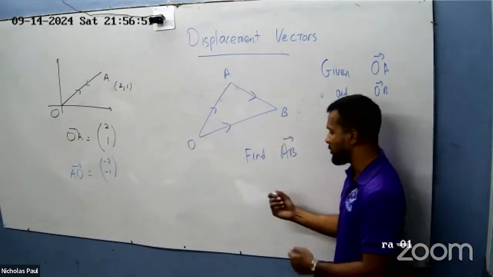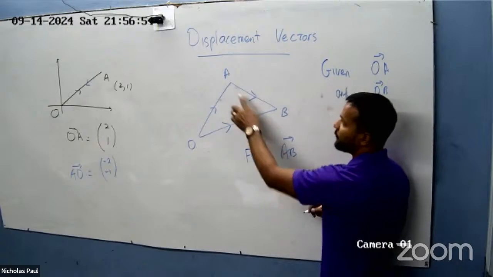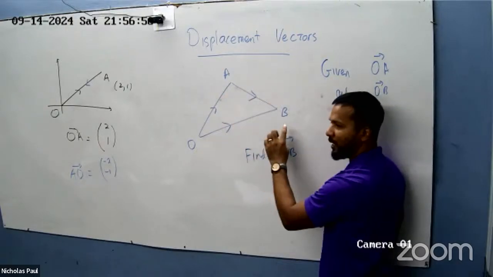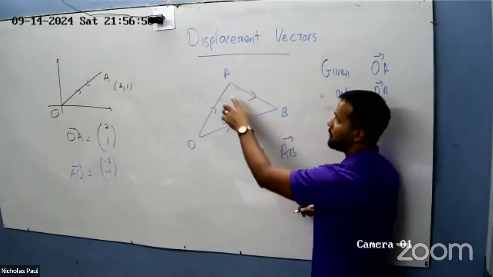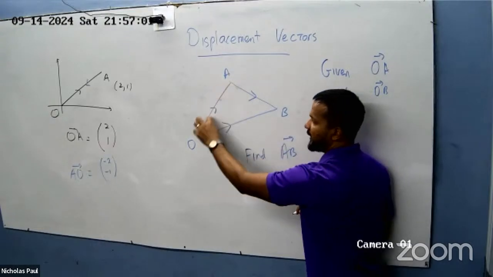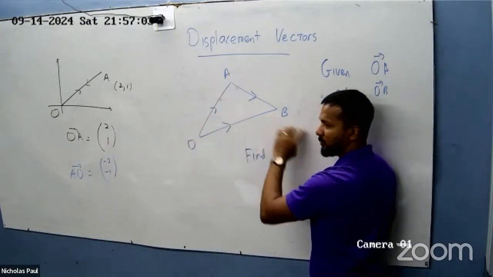So I am going to try to find an alternate route from A to B along this triangle. A to O, O to B. That's it.